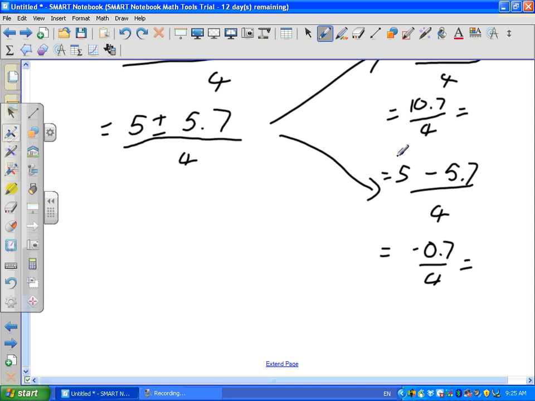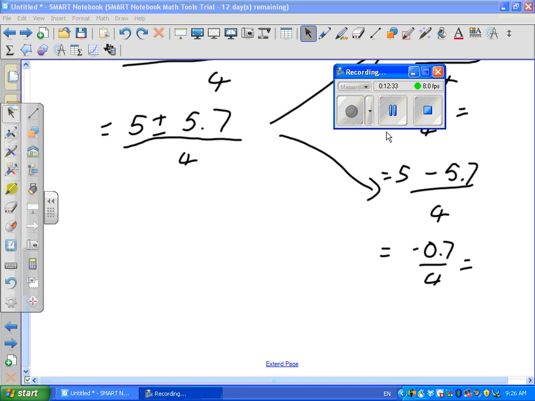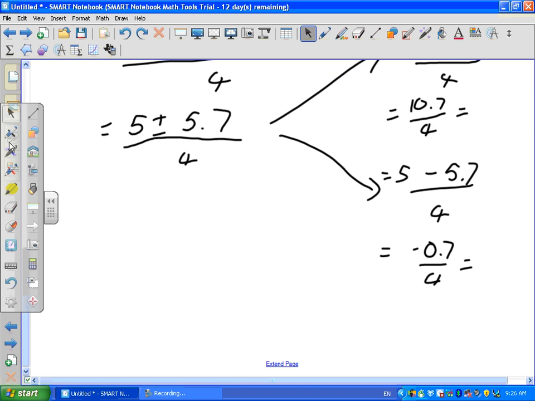So, it's 2.4? Okay, so we have 2.67. And anyone want to help with the other one? It's definitely negative 0.175.